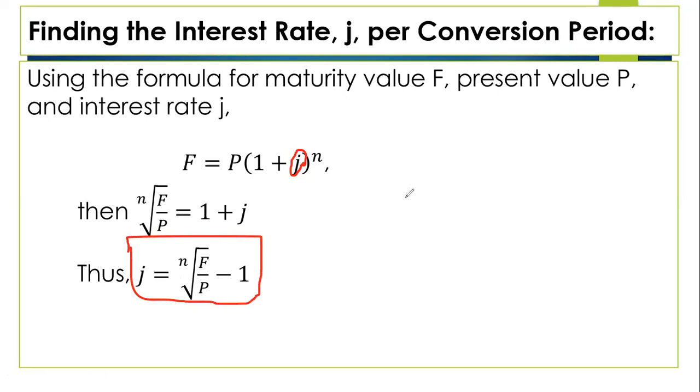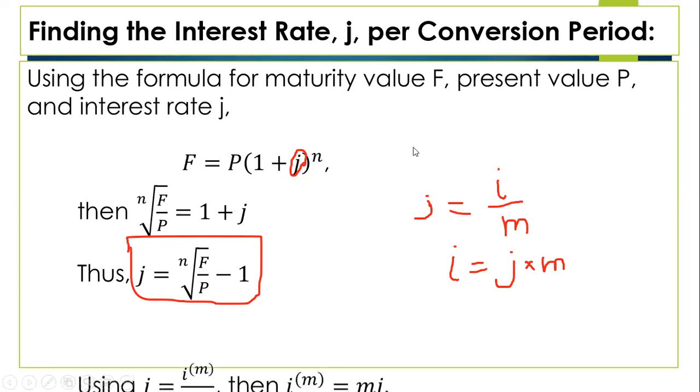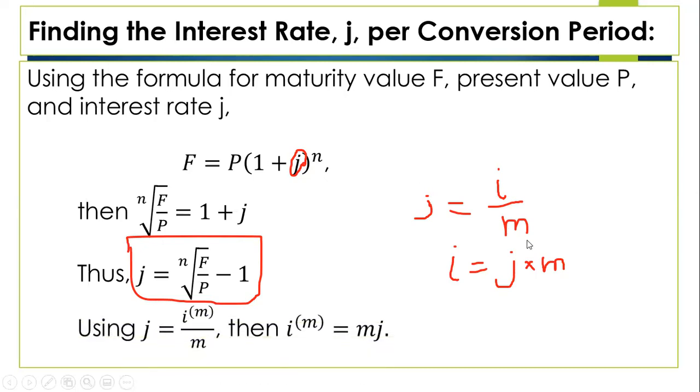So, tatandaan, yung J rin natin na yan is yung given na nominal rate I over M. No? Kapag I yung hinahanap, so mumultiply lang natin sa M. So, J times M. So, that's it. So, ang I, nominal rate, J is the interest rate.